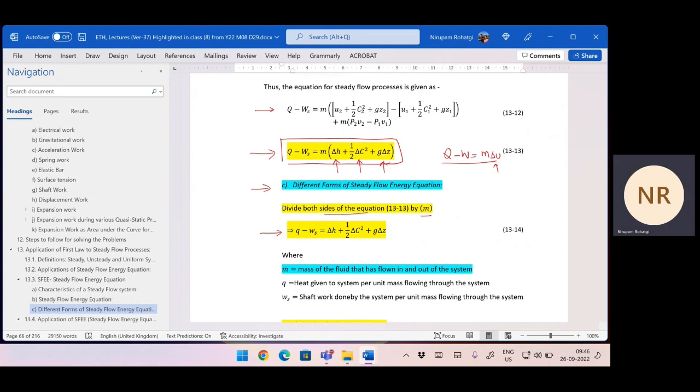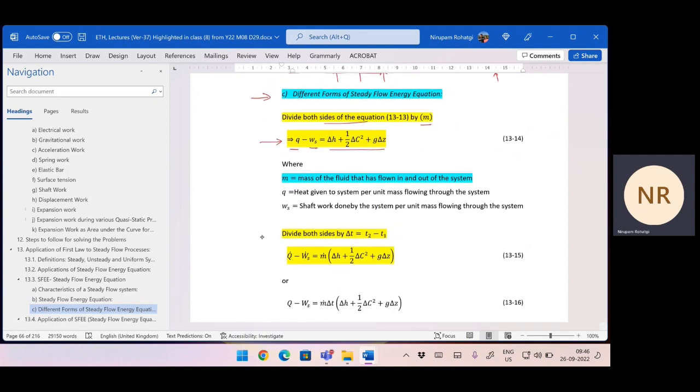So this is the thermal heat energy given per unit mass entering the system, and this is the shaft work per unit mass entering the system. And this is the change in enthalpy, kinetic energy and potential energy of the mass entering and coming out, final minus initial. Okay.